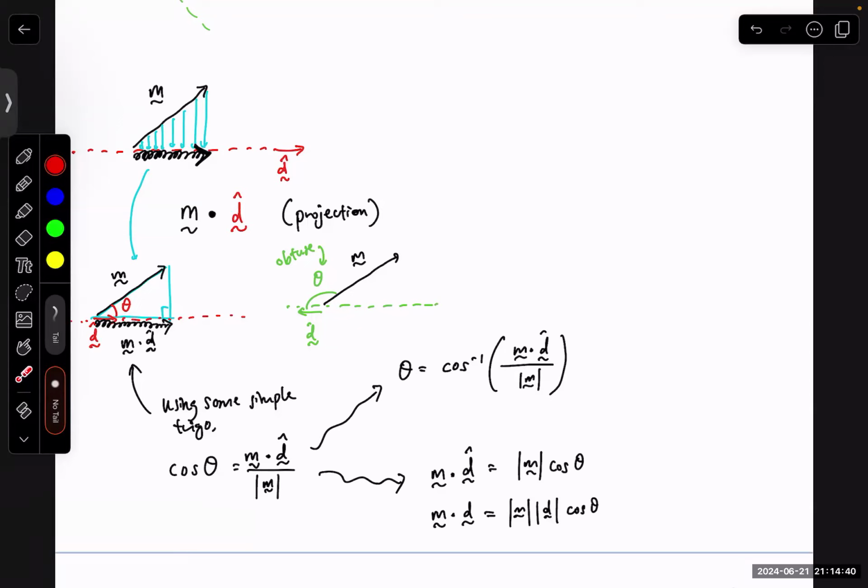I don't want you to memorize them, okay? But we need to remember that for cosine, let me sketch out the cosine curve. For cosine, the curve looks like this, right? This is cosine. So cosine theta, this is theta.